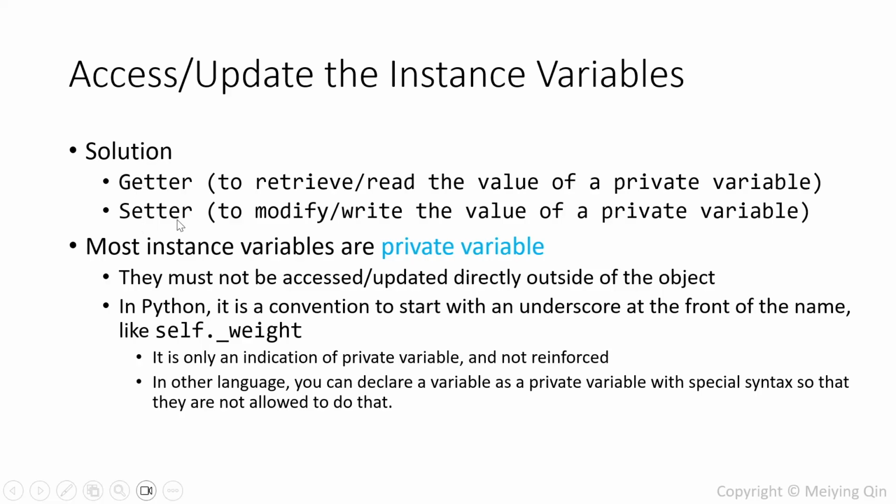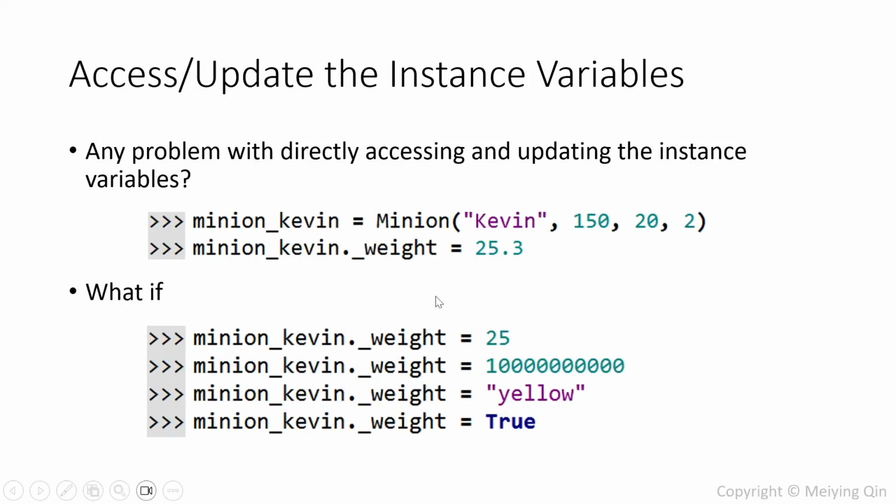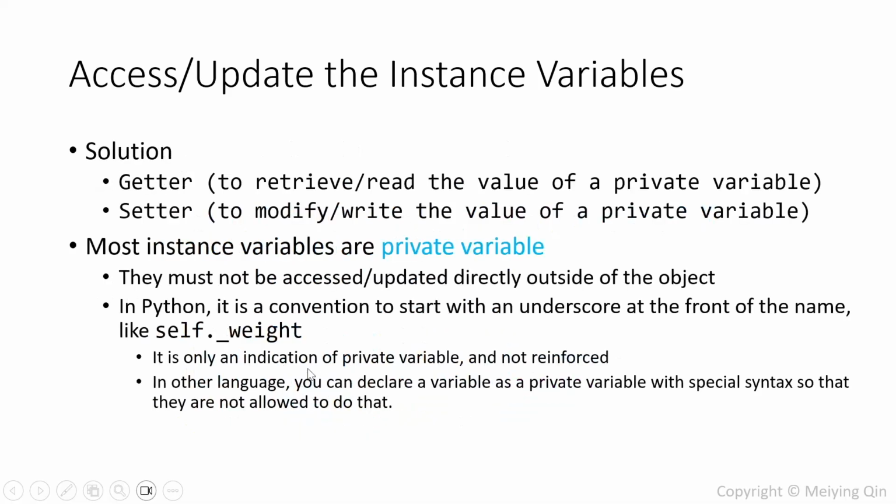What is the difference? A getter is just to read the value of a private variable. Our private variables here are, for example, what we define with an underscore, like weight, height, and so on. And a setter is just for writing the value of a private variable. Most instance variables are intended to be private and shouldn't be accessed or modified directly like this, because of the problem I just mentioned.